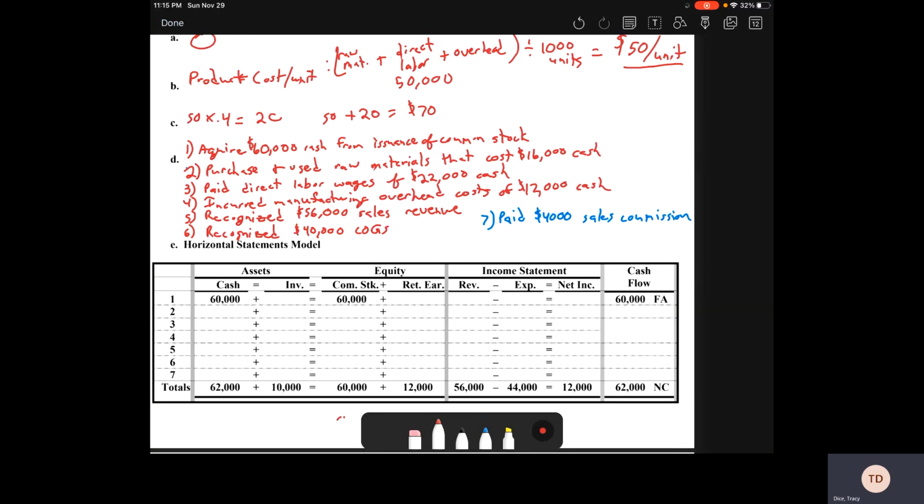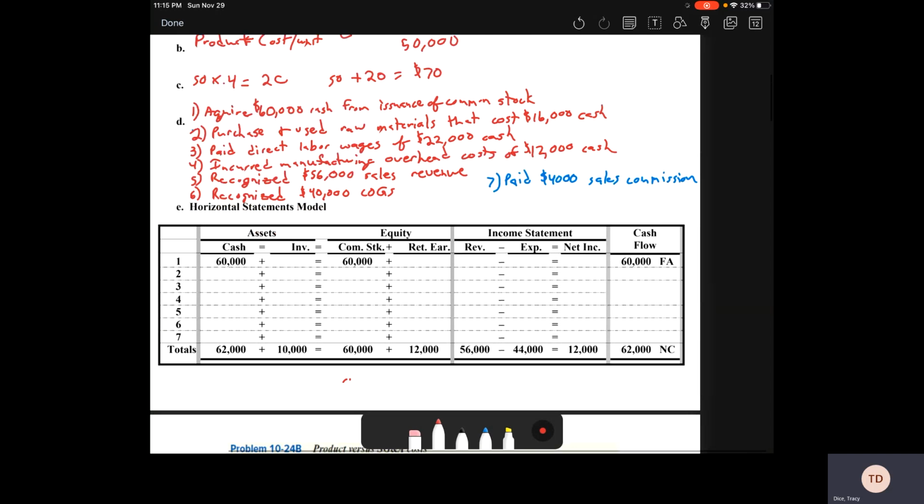So the $60,000 cash is already given to us, and that's a financing activity. So number 2, we need to purchase and use raw materials that cost $16,000. So when we look at this, we know that our cash is going to decrease by $16,000.